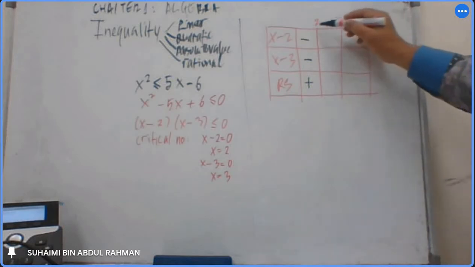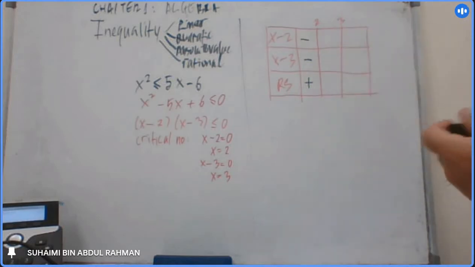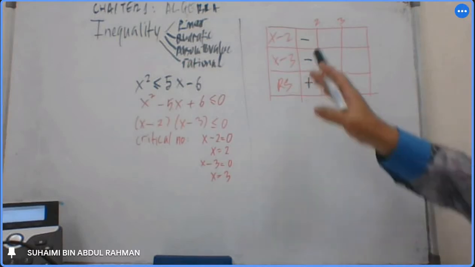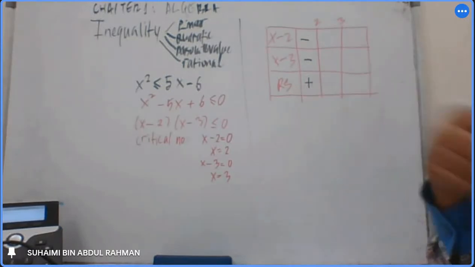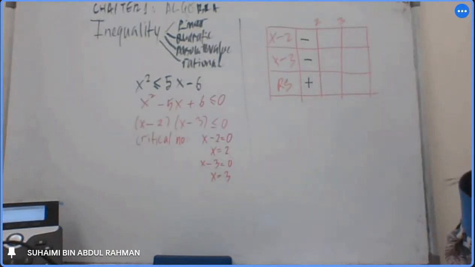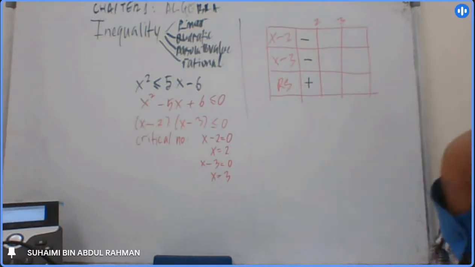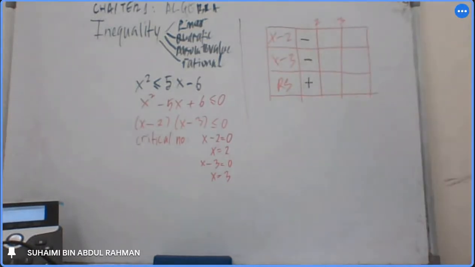Here we take one number which is between 2 and 3, for instance 2.5. Substitute it in terms of x.